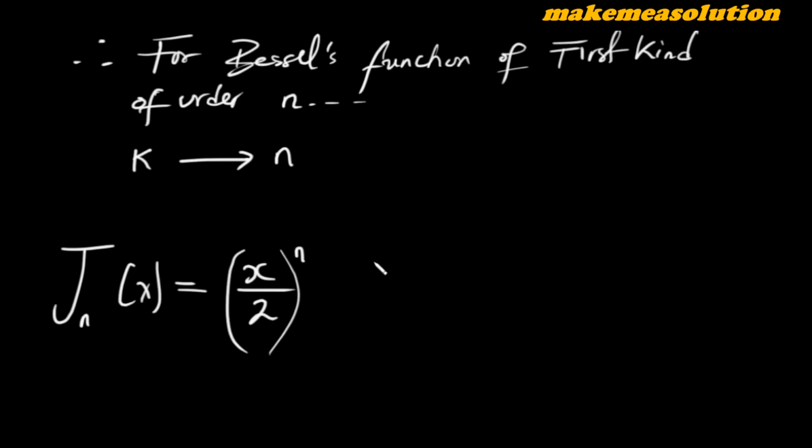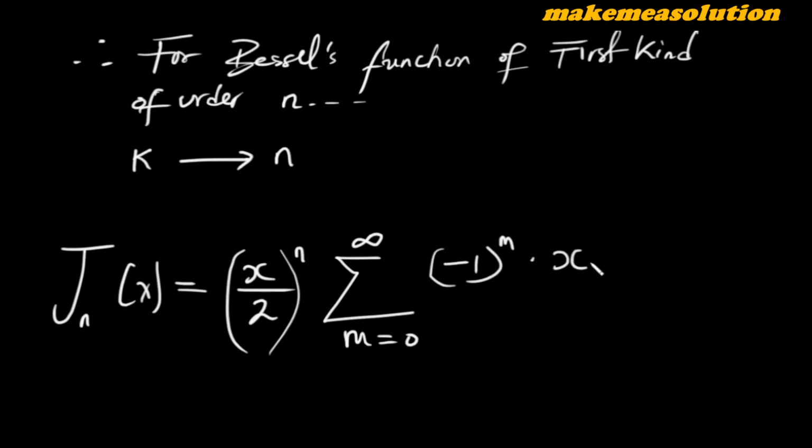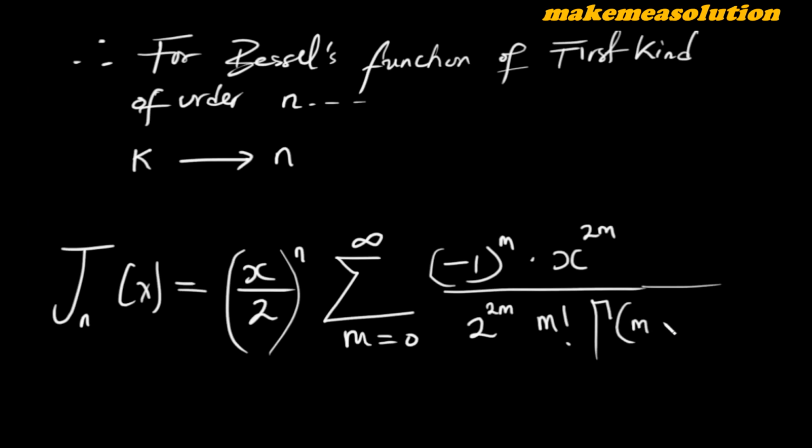Okay, are we together? And we now have the summation, m from 0 to infinity, of (-1) raised to the power of m, x raised to the power of 2m, all over 2 raised to the power of 2m, times m factorial, then you now have your gamma of m plus n plus 1.